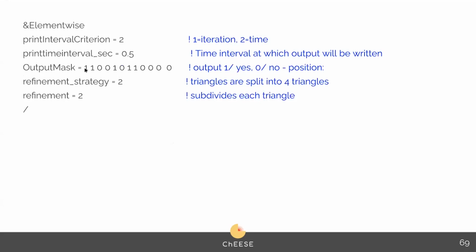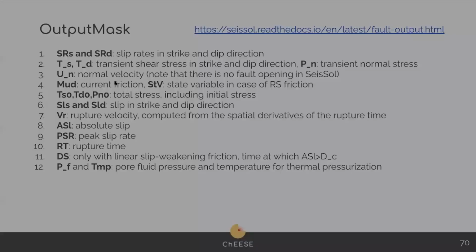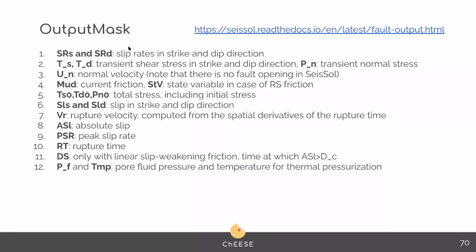So 1 means we output, 0 means we don't output. And the position of each number represents the different variables here. I will not go into detail, but you can read it from our documentation.